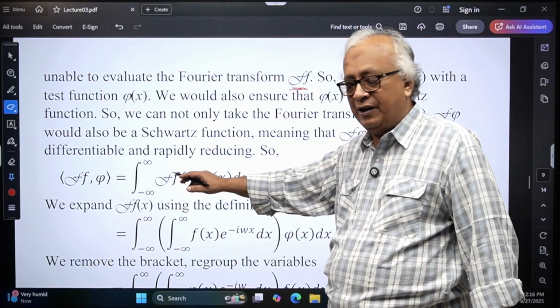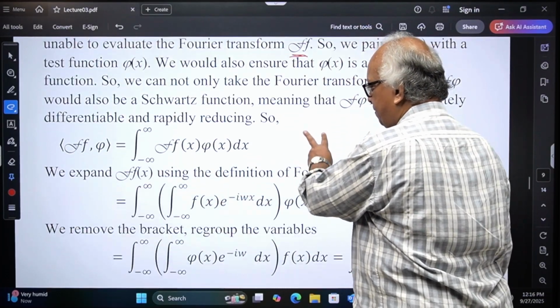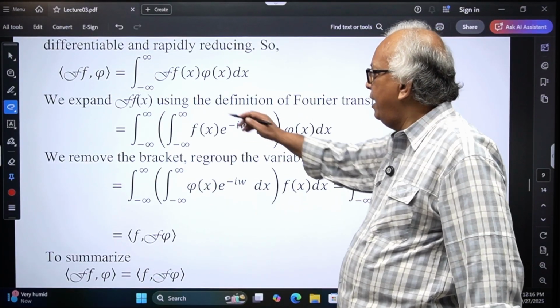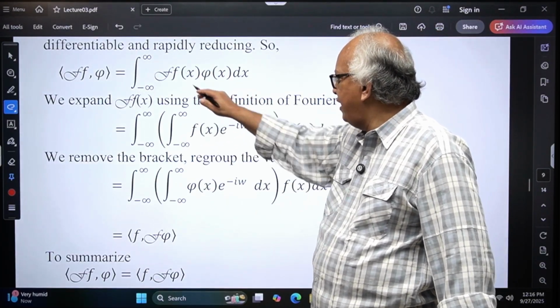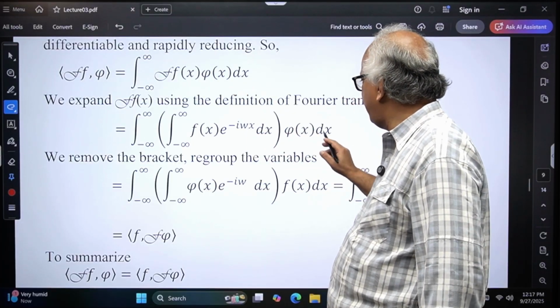Negative infinity to infinity f x e to the power minus i w x dx times phi x dx.